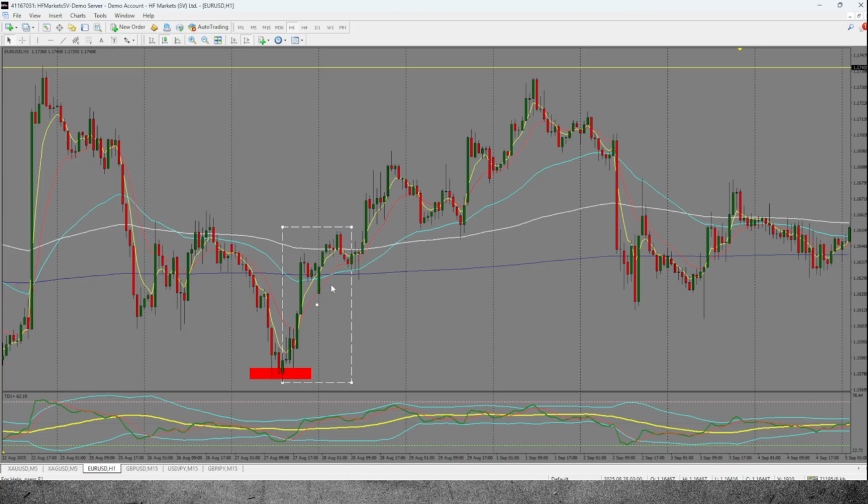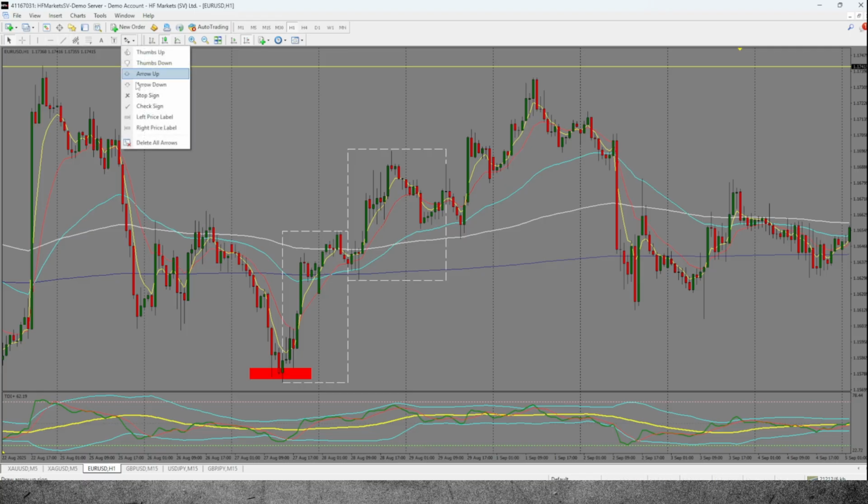After level 1, we expect to see level 2 to fulfill the template that we have seen. Level 2 must have a corresponding 200 crossing a 50. Like in this particular point, we can see there is a 200 crossing 50 here.